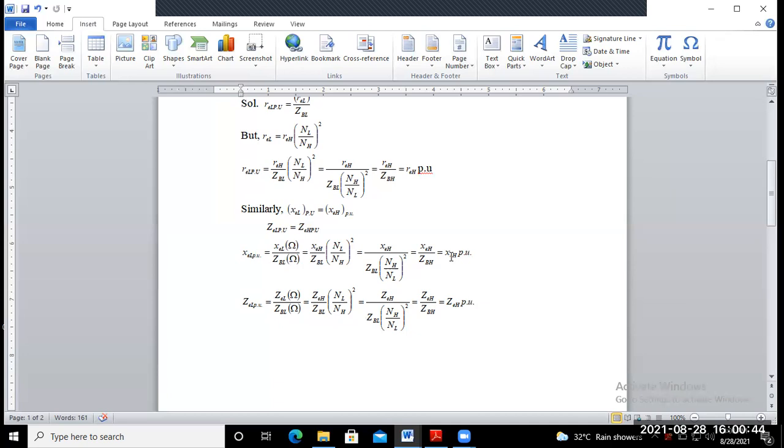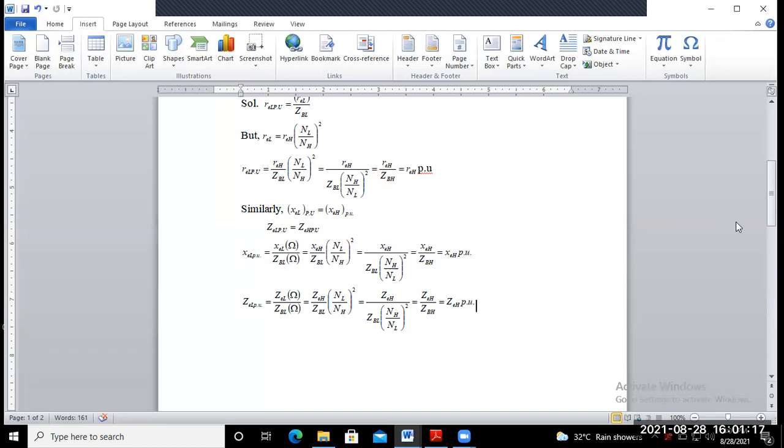You may use this formula to convert the per unit quantity on a specified base voltage and base MVA to another base voltage and base MVA.